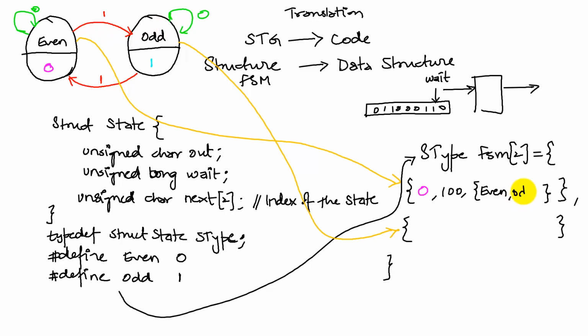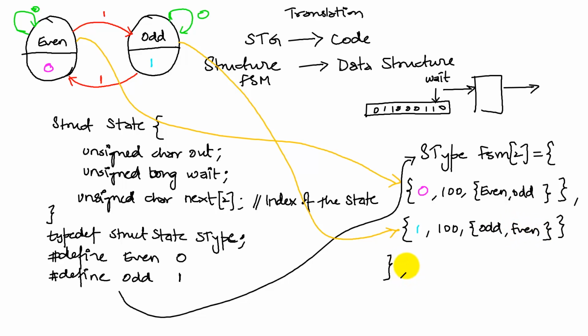So that's my odd. Similarly, for my second state, my output is a 1, and the delay is also 100 because I'm going to use the same delay between state transitions. My array here is saying that on an input of 0, I stay in odd. On an input of 1, I go to even.